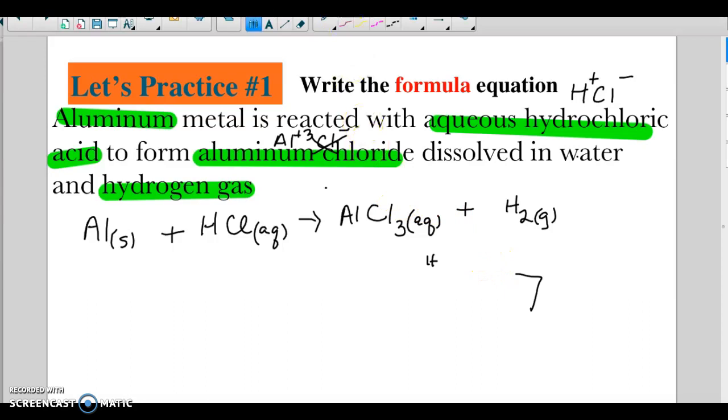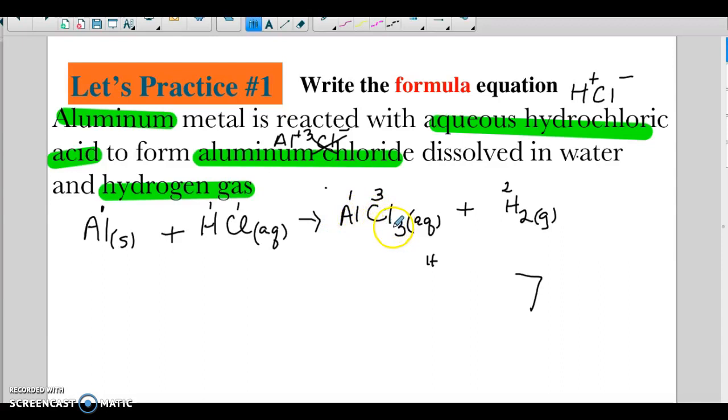And then when you're doing these, you'll also want to balance. So balancing, I'm just going to do this one a little quicker. I have 1 aluminum, 1 hydrogen, 1 chloride, 1 aluminum, 3 chlorides, and 2 hydrogens. So I'm going to start with, let's see, I could start with the chlorine.